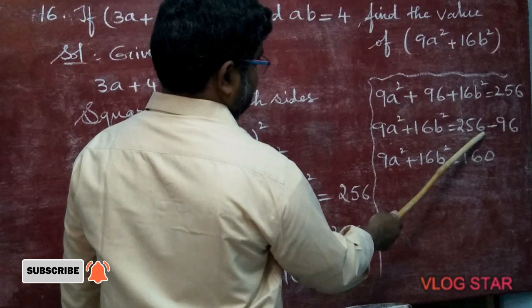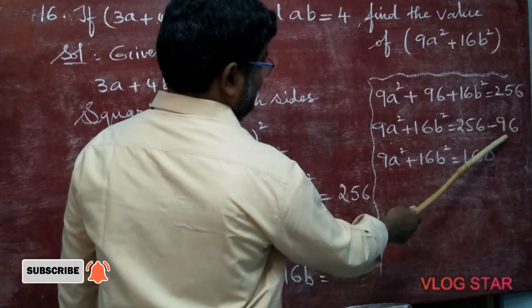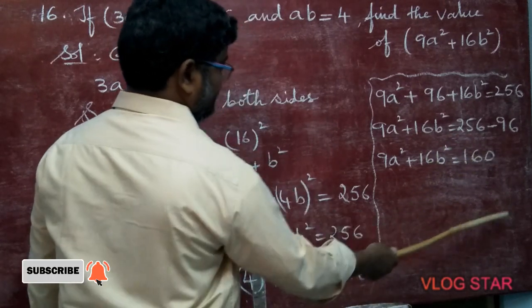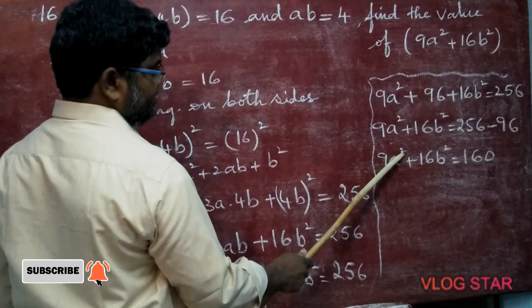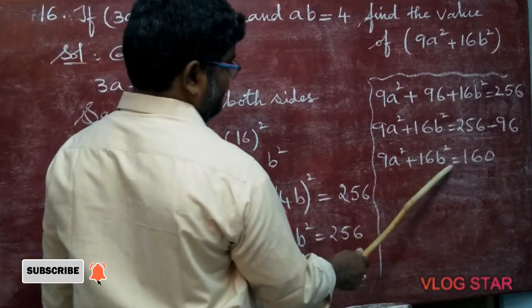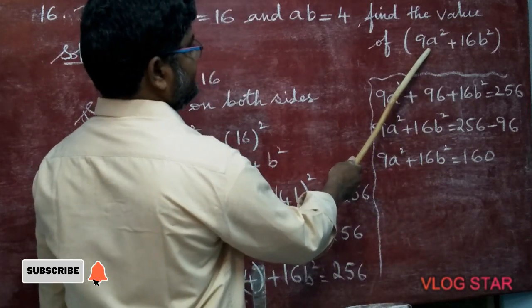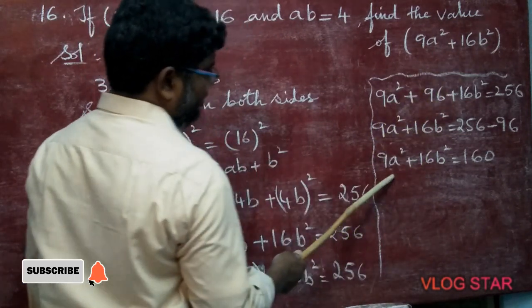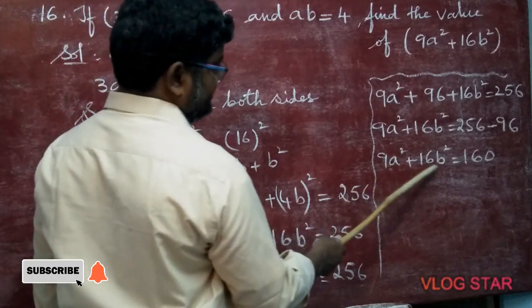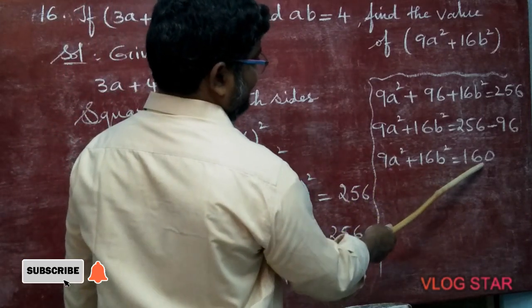So 256 minus 96, subtract here. So that working: 9a square plus 16b square is equal to 160 you get. They told us to find the value of 9a square plus 16b square. We got the value of 9a square plus 16b square as 160.